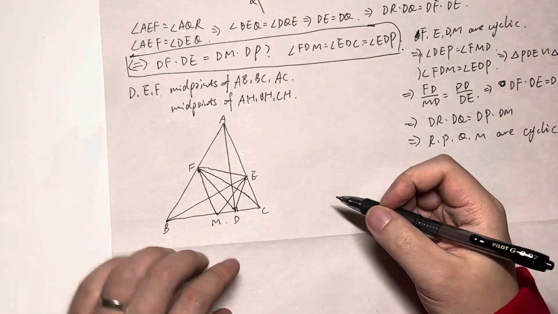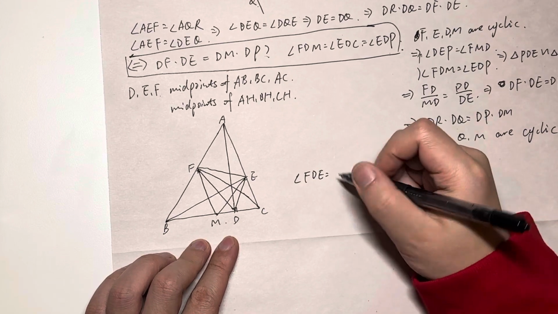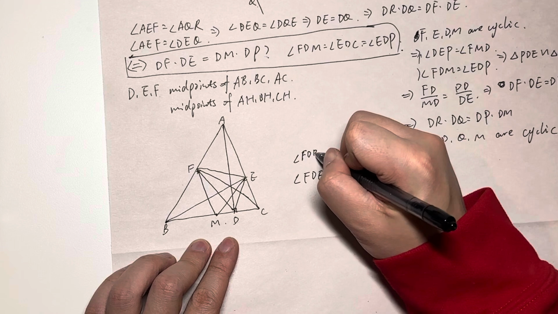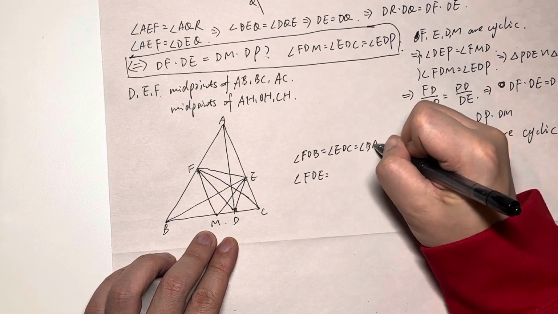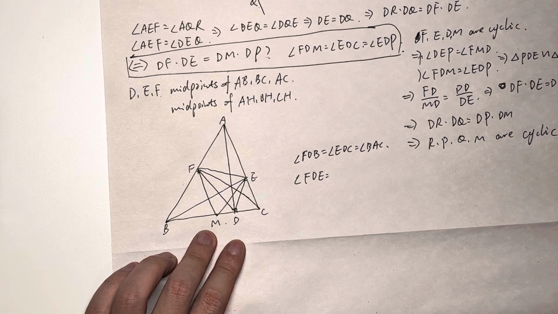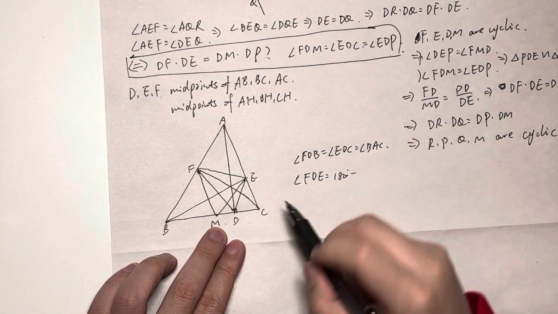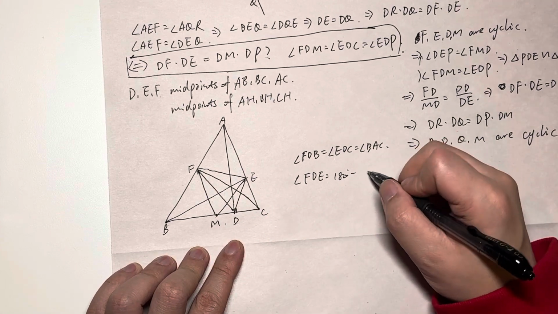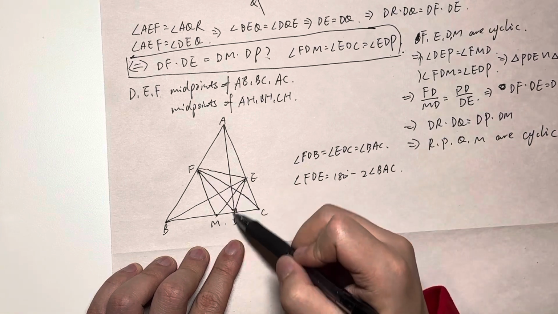So angle FDE equals to, we already know that angle FDB equals to angle EDC equals to angle BAC, right? Based on the property of the orthocenter. So angle FDE equals to 180 degrees minus angle EDC minus angle FDB, which means 180 degrees minus twice of angle BAC, right? That's the angle FDE.